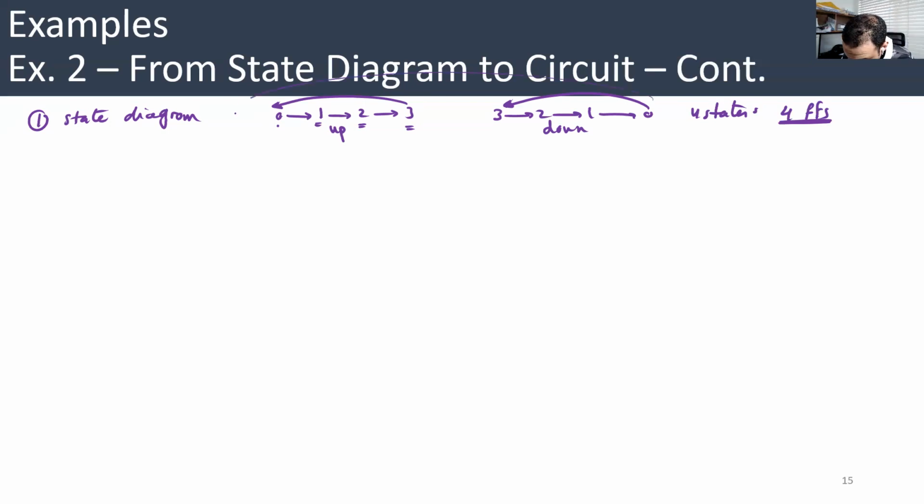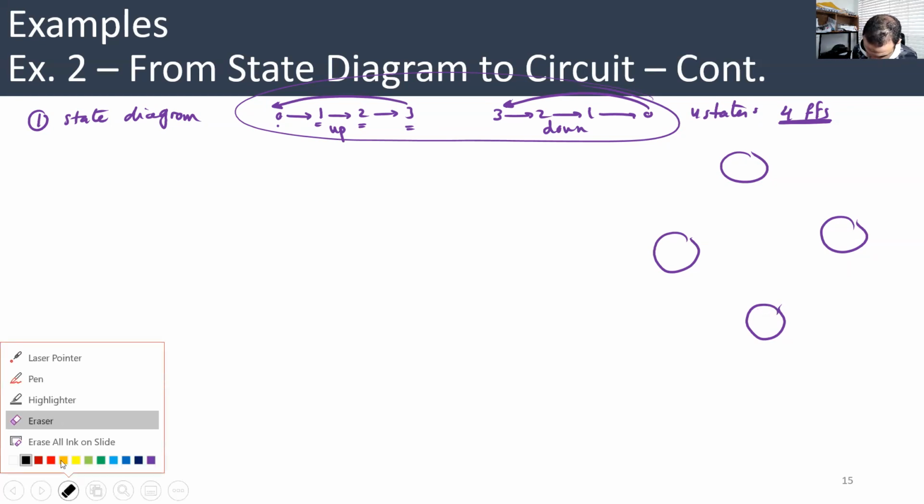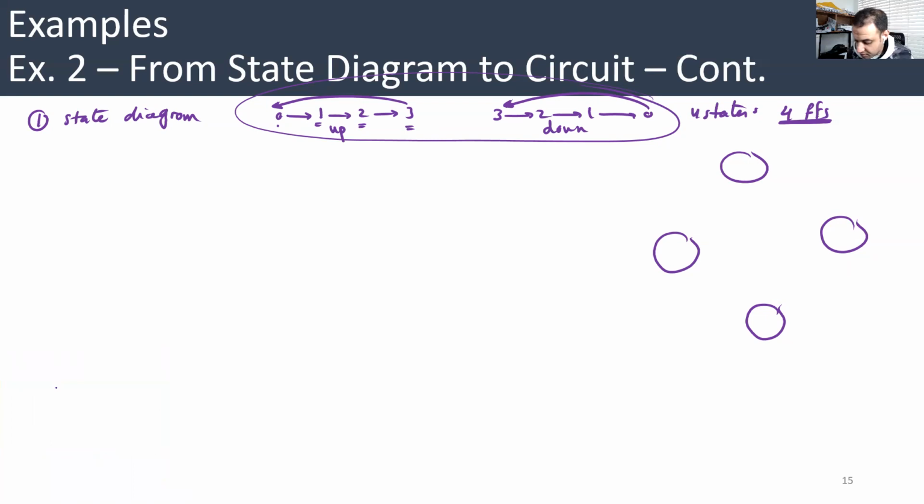So let's convert that idea here into a state table. It will be something like this: 00, 01, 10, 11. It's better to name them with symbols, like S0, S1, S2, S3, to make it general.